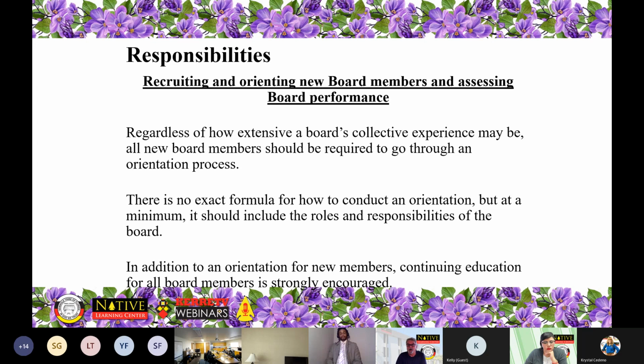It doesn't have to be a requirement that everyone becomes an officer of the board, but it can be an opportunity that's built in that they can become an officer, chair, vice chair, secretary, or treasurer, and so on. So enough on that.